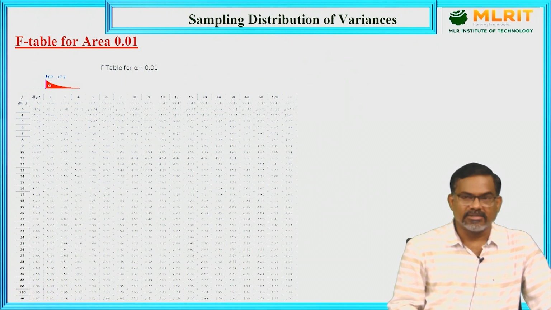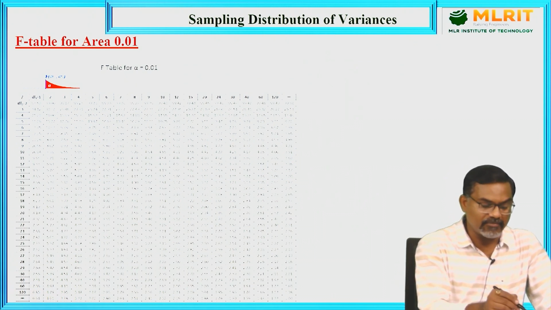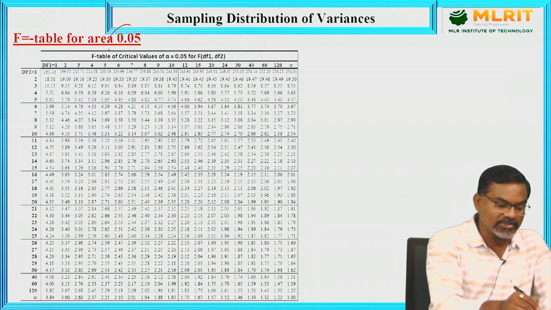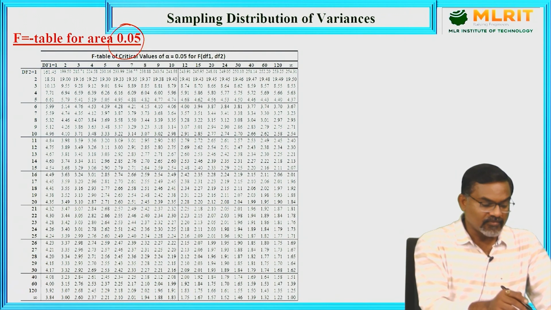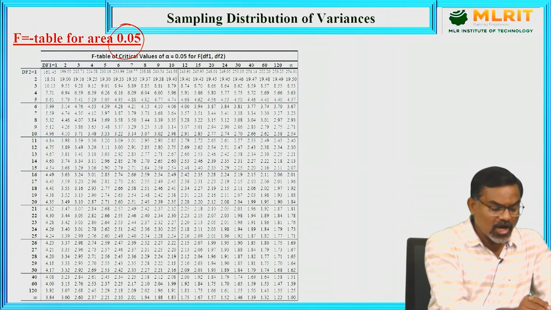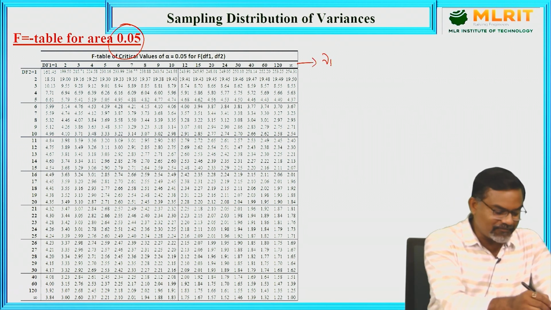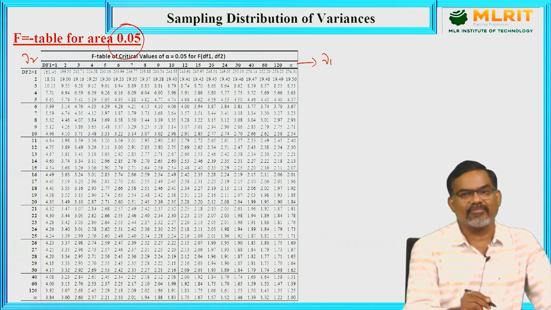And just now I told you the F table was constructed only for two values of alpha. For 0.01 the table is given here, and for 0.05 the second one. And in the F table, the top row denotes the degrees of freedom nu 1, the leftmost column the degrees of freedom nu 2, and the entries are F values.